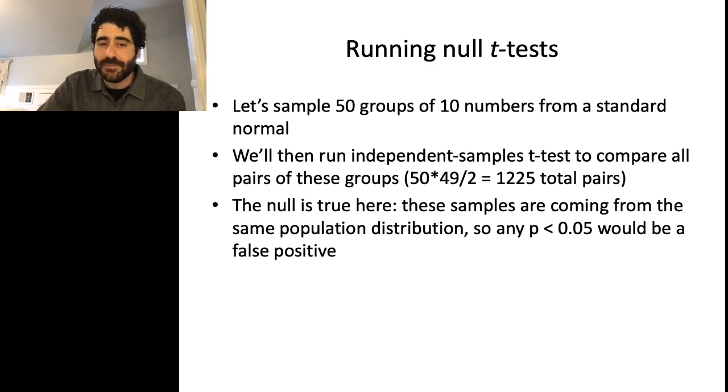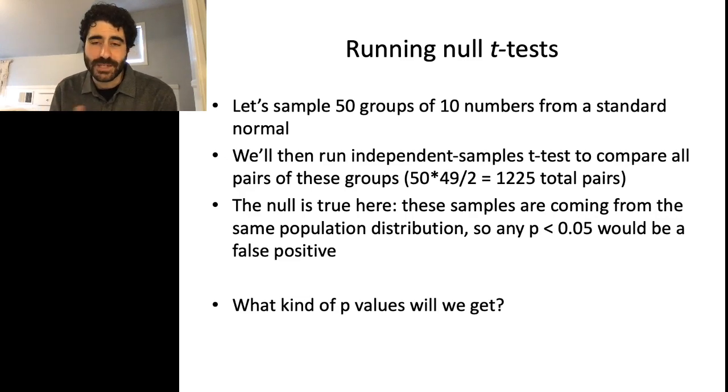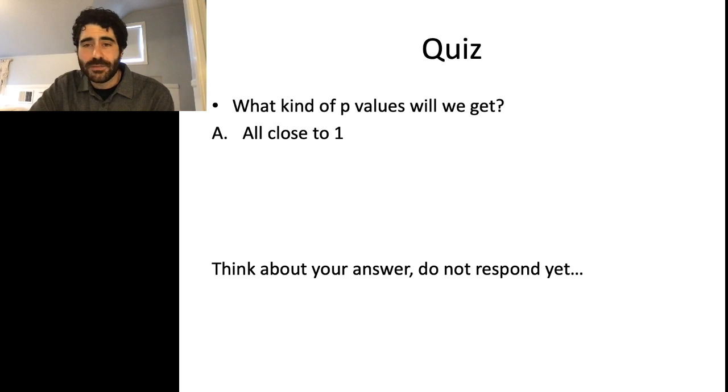And so the question here is, what kind of p-values are we going to get? So we're running 1,225 tests. Every single one of those t-tests is going to pop out a p-value, right? And here the null is true, right? So the question is, are they all going to be clustered around 1, so they're going to be relatively high? Are they going to be somewhere around 0.5?